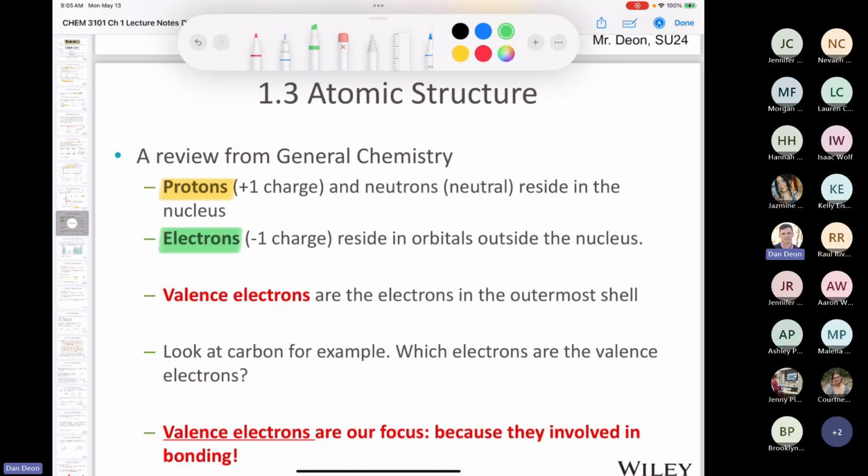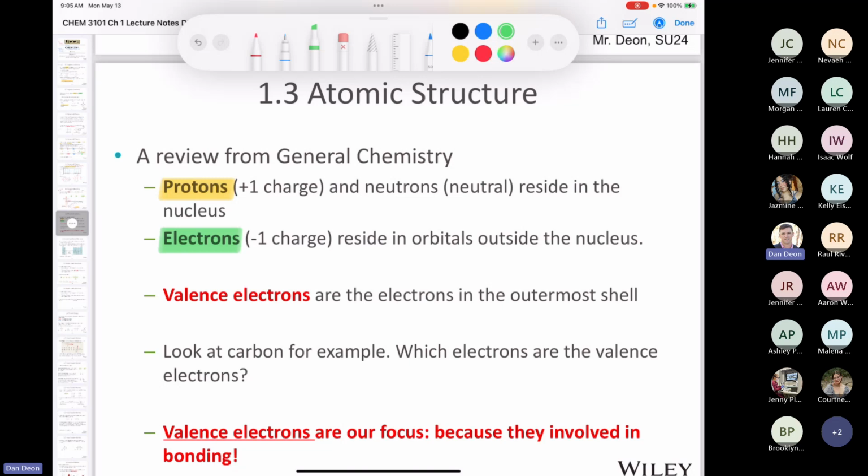All right. So protons and neutrons reside inside the nucleus. So you remember that neutrons are neutral. We don't talk about neutrons a whole lot in organic chemistry, except for when we're talking about isotopes, maybe carbon-13 or deuterium or tritium or something like that. And then electrons, like I said, which is what we're going to focus on, those reside outside of the nucleus.